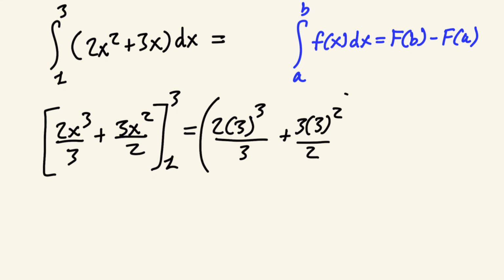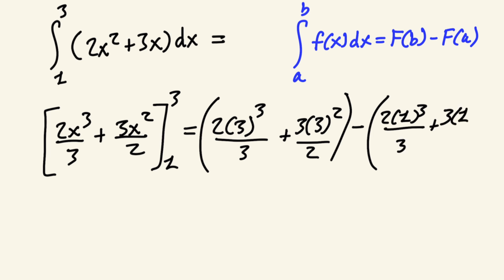And we could put parentheses here just to eliminate any confusion. And then we're going to subtract this expression evaluated at 1. So this is going to be 2 times 1 to the third over 3 plus 3 times 1 to the 2 over 2. Sorry if my writing is a little bit messy.